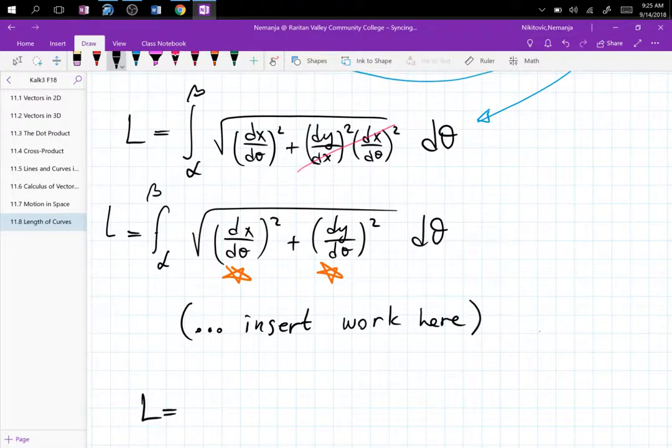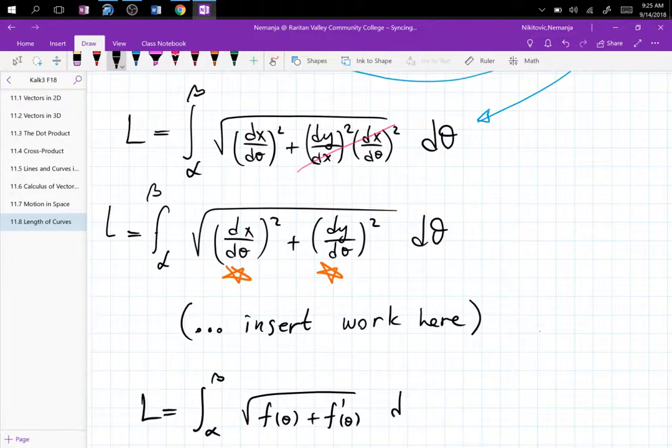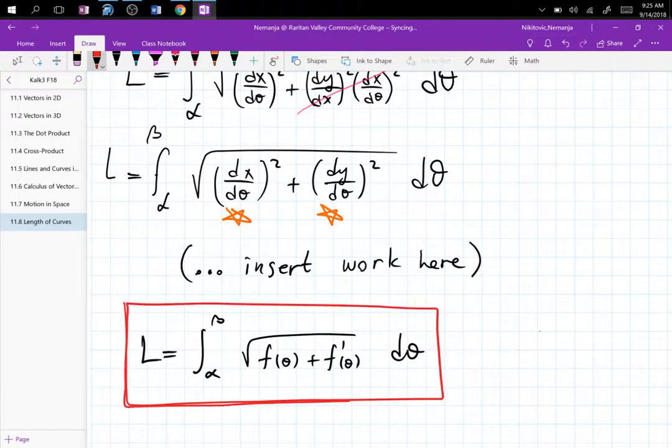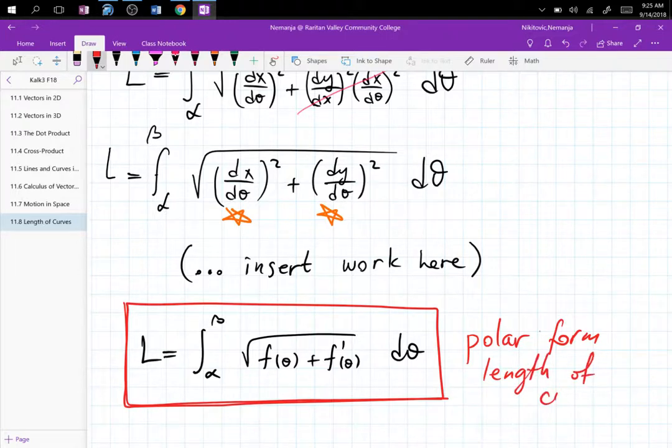You will get the integral from alpha to beta of the square root of f of theta squared plus f prime of theta squared, d theta, which is the formula you want for polar form length of curves.